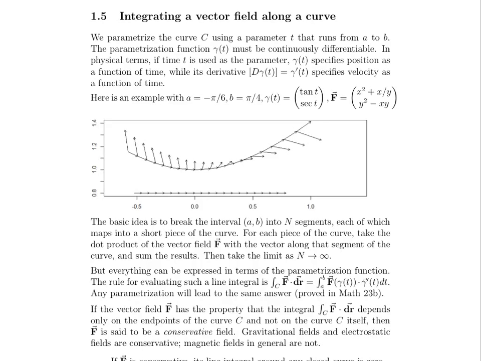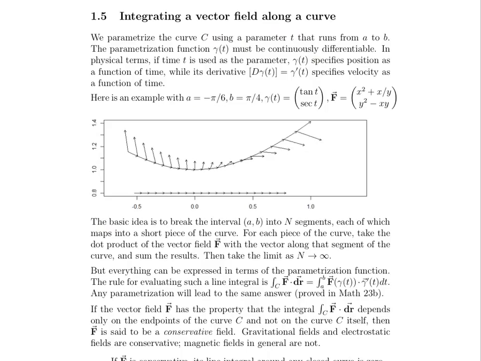The basic idea, I'm going to start down here because this makes a little bit more sense before we get into what we're doing, which is listed up here. We're going to take this curve and break it into a number of segments. For each segment, we're going to see whether the vector field that this curve is sitting in points in the same direction as the curve or opposite the direction of the curve.